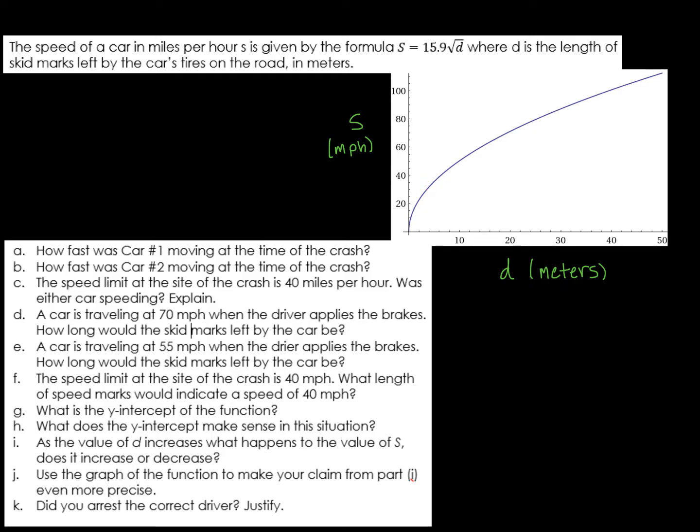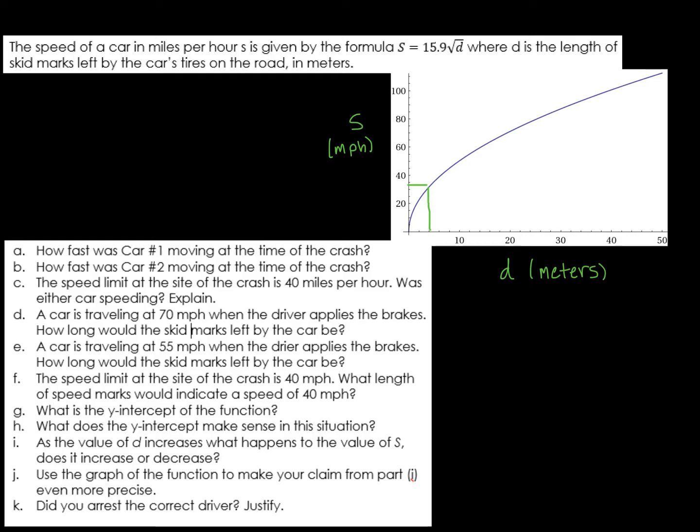So if I am very accurate, I can actually use a little drawing here to help myself pinpoint the speed that I'm looking for. And if I notice each tick mark in the y direction is 5 miles per hour, so this appears to be just between 30 and 35, so I might say 32.5 miles per hour.